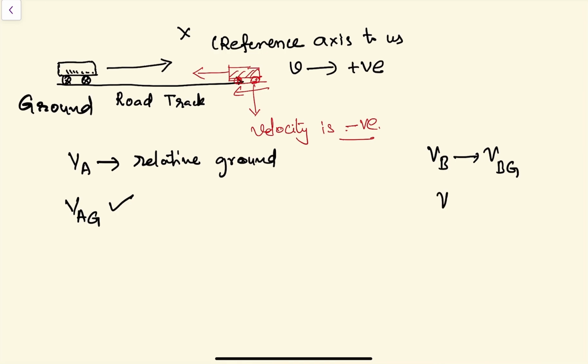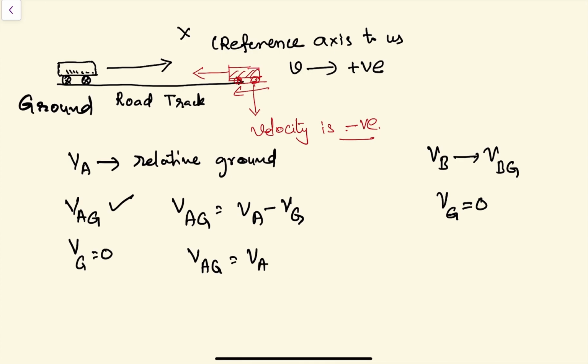What is the ground velocity? Ground velocity is 0. So VAG is equal to VA minus VG, so VAG simply equals VA, because VG is 0. Right. So we will do such problems.